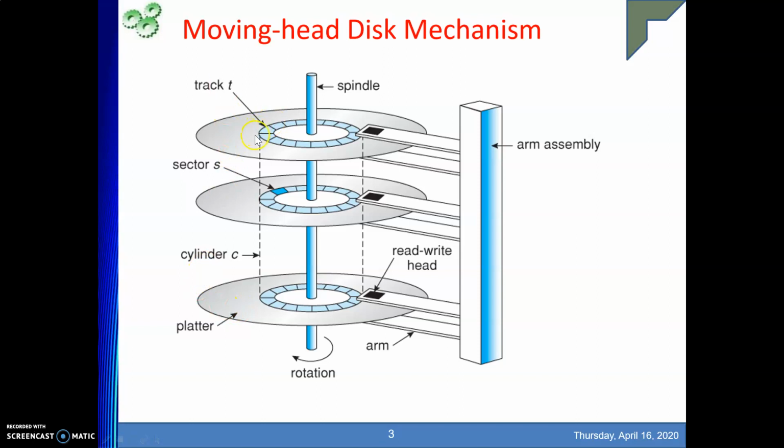And on a track, many sectors will be there, and our disk moves around this spindle, and we can read the information that is under our read write head. Wherever the read write head is pointing, from there only we can read the information. And the read write head is mounted on an arm, and all the arms are attached to one arm assembly, right?